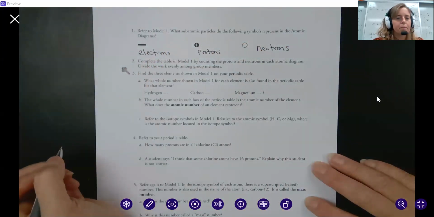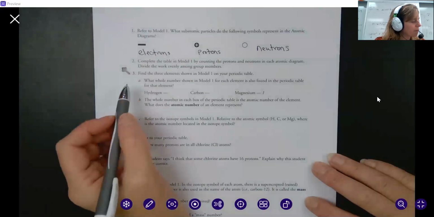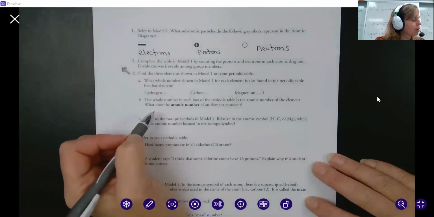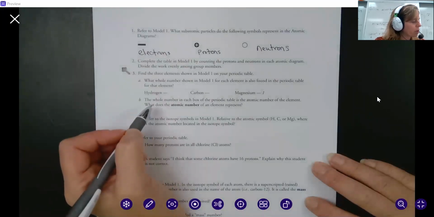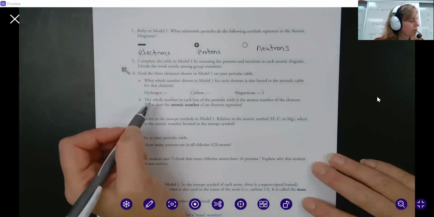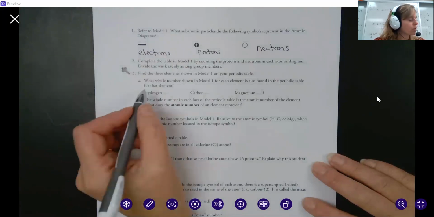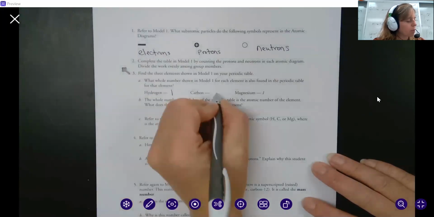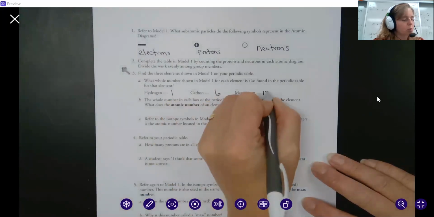Then it says, find the 3 elements shown in model 1 on your periodic table. What whole number shown in model 1 for each element is also found in the periodic table for that element? For hydrogen, it's 1, carbon, it's 6, and magnesium, it's 12.